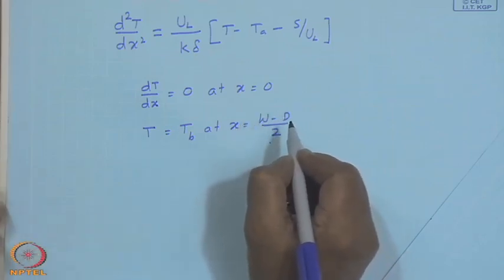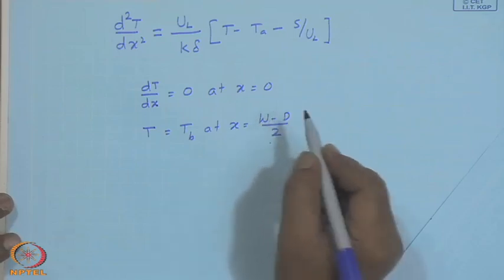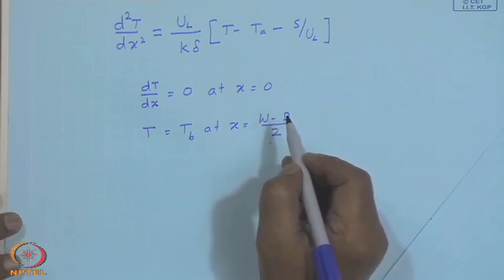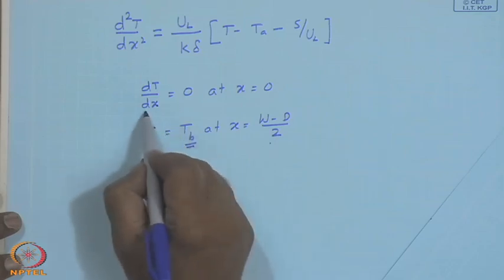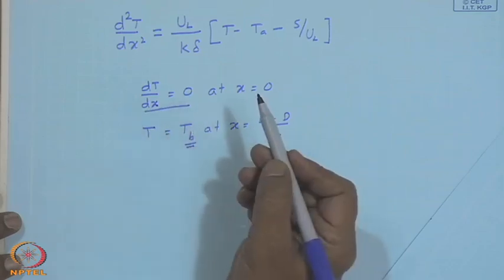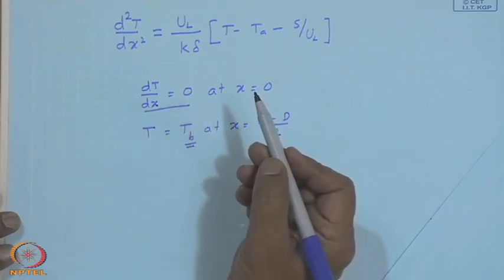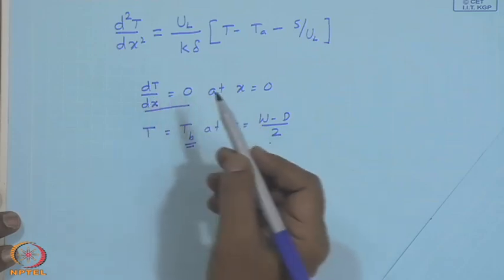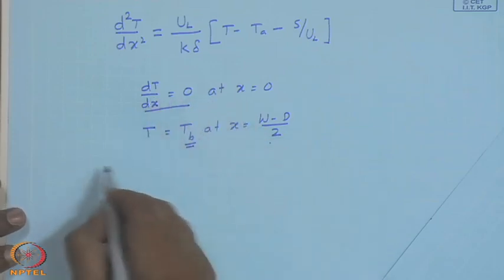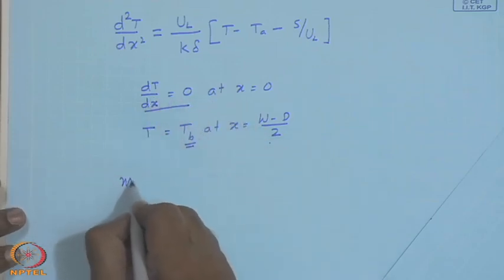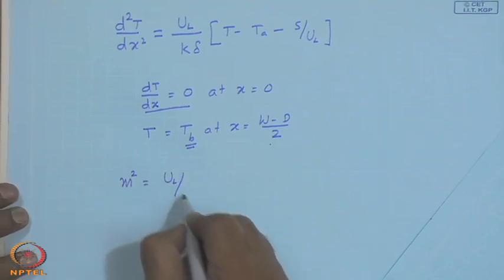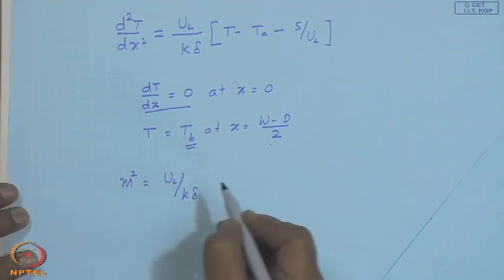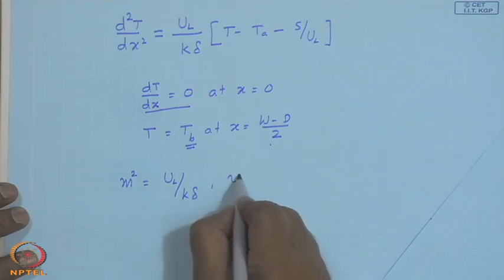At the base of the tube, this is given by x equal to W minus D by 2, and it is T b. And by virtue of symmetry, we call the insulated thing in heat transfer terminology, because dT/dx is 0.